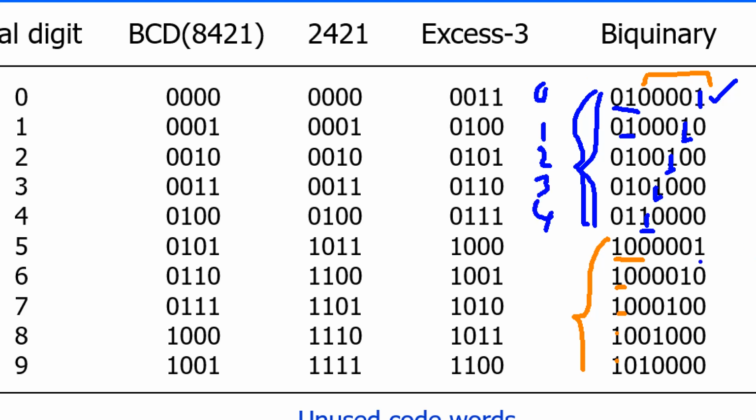And this one also, right? For the second part, the first value of this part, second, third, and so on, represent 5 to 9. That's all.